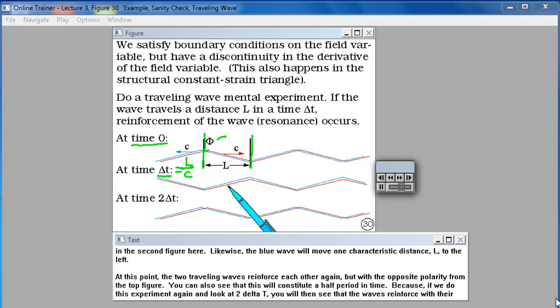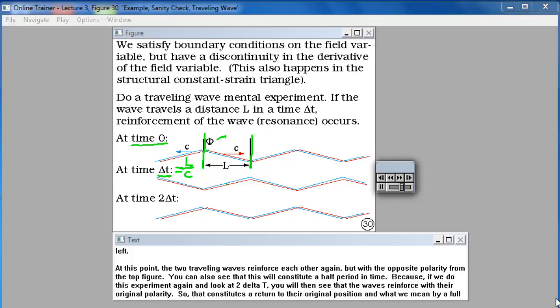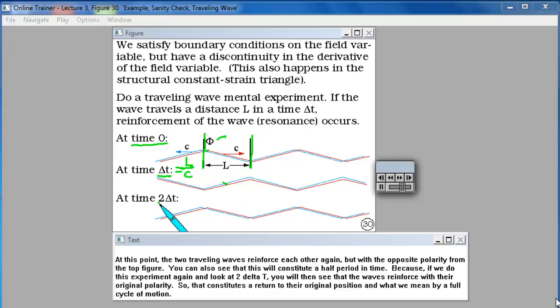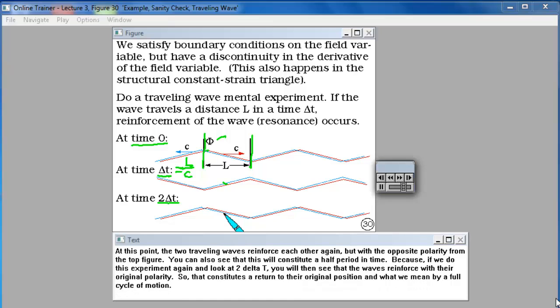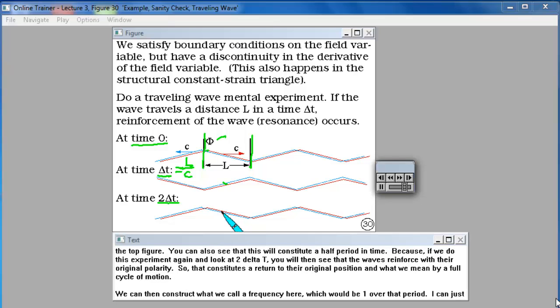You can also see that this will constitute a half period in time, because if we do this experiment again and look at 2 delta t, you will see then that the waves reinforce with their original polarity. And so that constitutes a return to the original position and what we mean by a full cycle of motion.